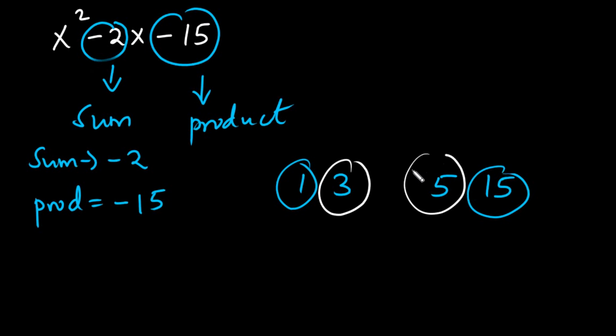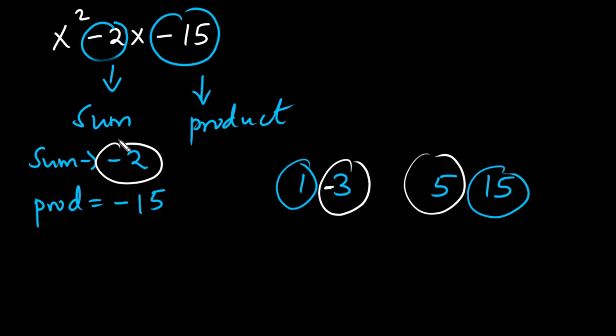3 and 5. Okay, so let's try to play around with the negative sign. So let's say we introduce a negative sign to 3. So what is going to be the sum? It's going to be negative 3 plus 5, which is 2. But here we don't need 2. We need a negative 2.